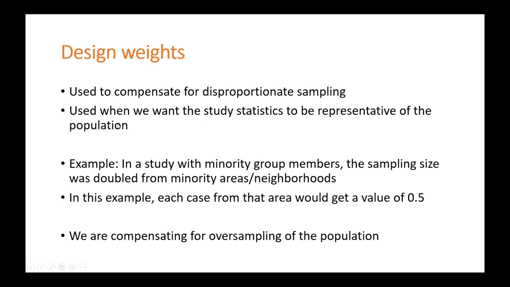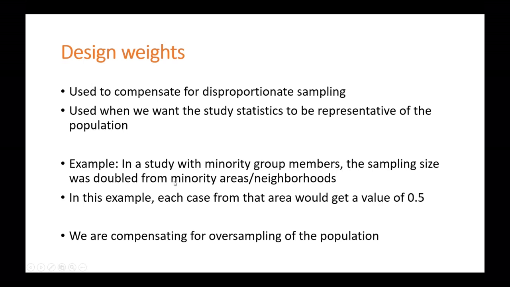So therefore, design weights are used so that while doing statistics, whatever population we are working with and whatever results we are getting from that particular population are more representative of the target population. To give you an example, let's say in a study with a minority group, the sampling size was doubled from the minority areas or neighborhoods from where the data was collected.